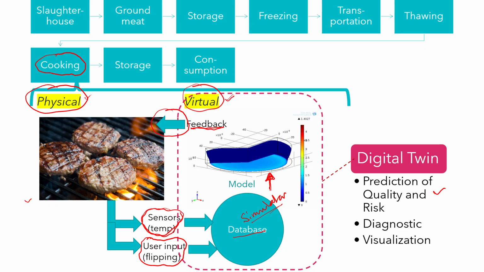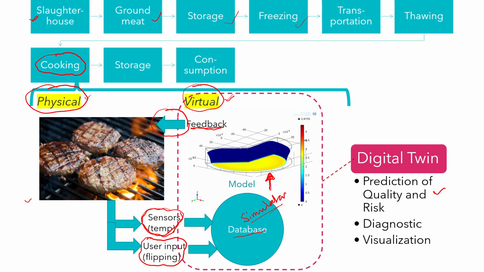But the big picture, the entire story of where the meat comes from and where it's ultimately consumed, you can start from the slaughterhouse. The process is there. For that you can build models. Then for the grinding process you can build models. Then for storage, during storage some bacteria might multiply and so on. So you can build models.